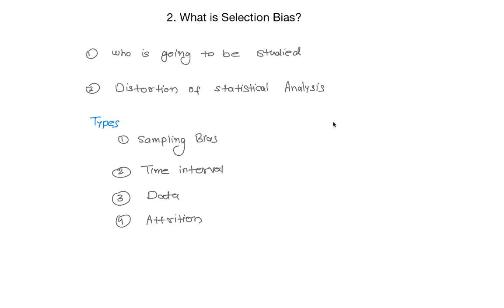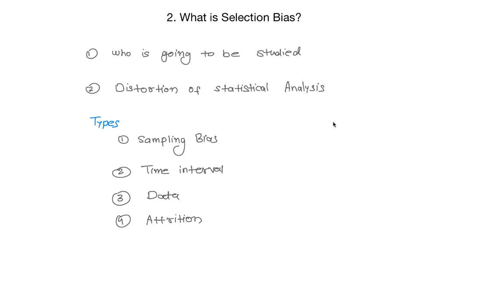It introduces distortion in statistical analysis, and this distortion results in an inaccurate study. I mean, the study which the data scientist is doing may not be accurate because of the selection bias.